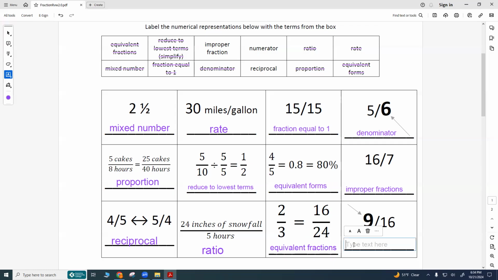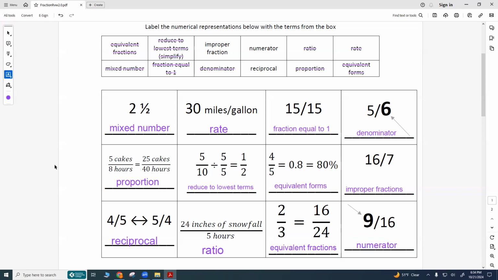And then of course we know that our top number on our fraction is called the numerator. Any questions or confusion, thoughts about these terms and how we label them, how we're going to talk about them? Does everyone feel pretty good about this?